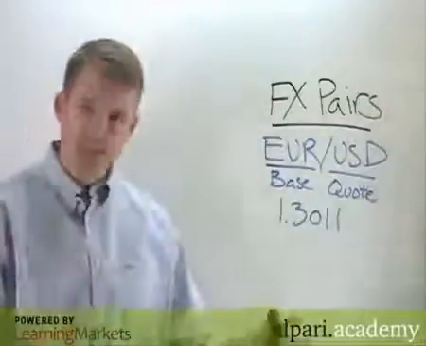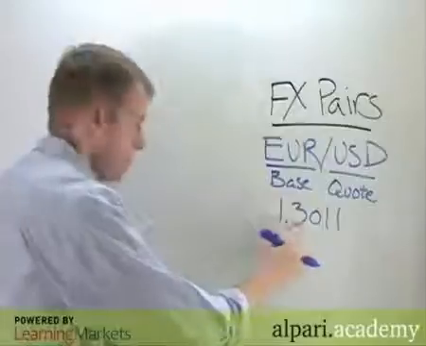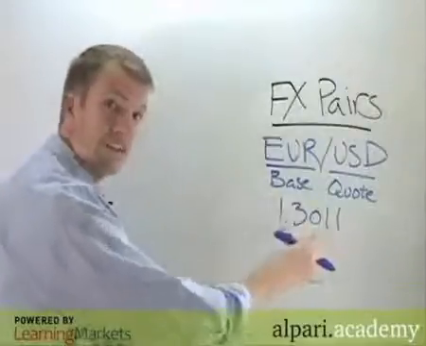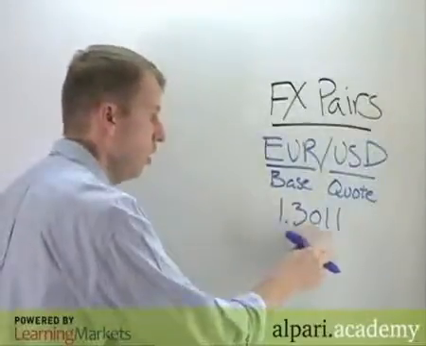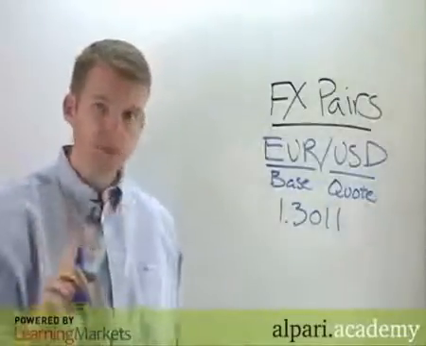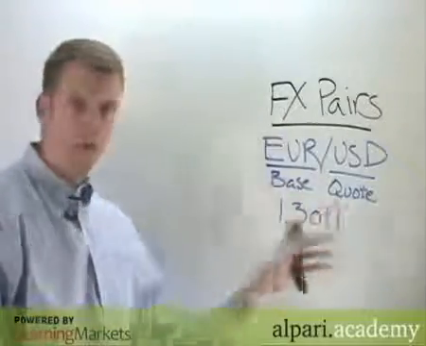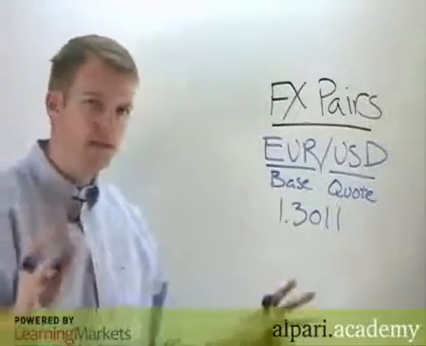And what that means is that currently it costs $1.30, well, and then even a little extra, so $1.3011 to buy 1 euro. And no matter what currency pair you're looking at, they all work like this. So this is one way to keep this straight.